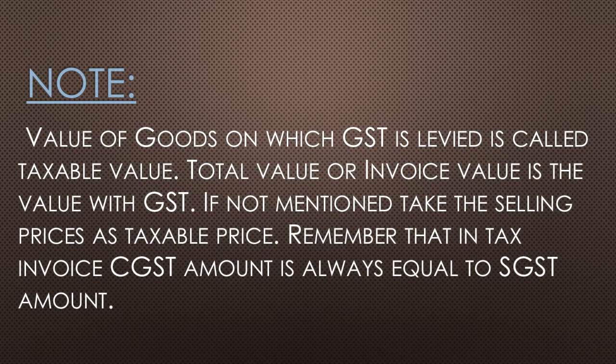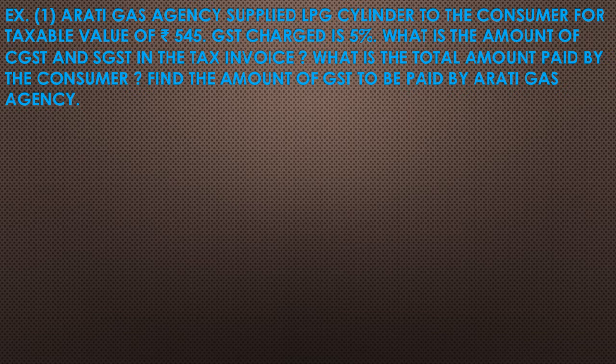So let's start with the first solved example. The Aarti Gas Agency supplied an LPG cylinder to the consumer for a taxable value of rupees 545. Taxable value of 545 means on 545 you can apply the rate of GST and find the tax. GST charged is 5%. What is the amount of CGST and SGST in the tax invoice?